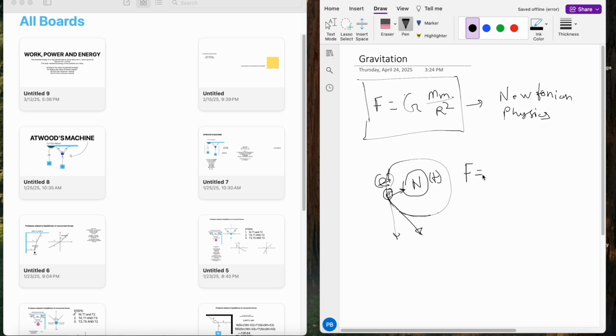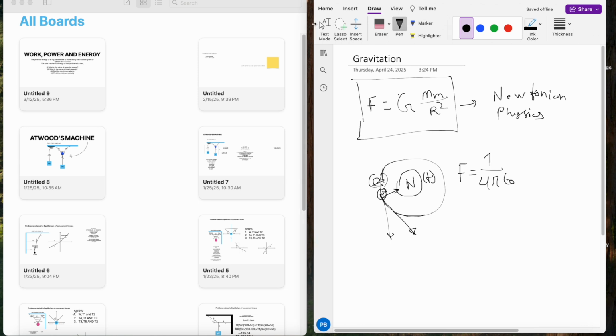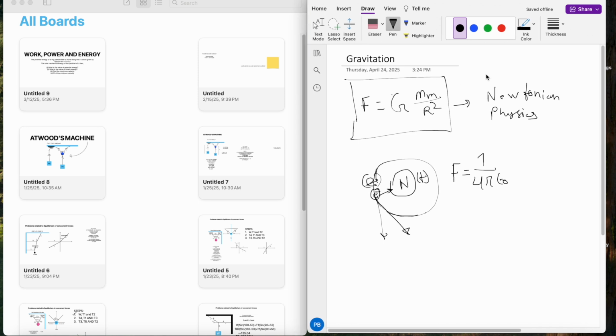So the force will be 1 divided by 4 pi epsilon naught, multiplied by q1 q2 by r square, if the distance between those two is r. Let the formula be this.